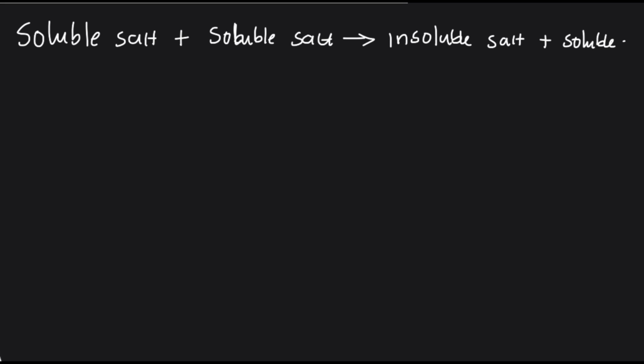Remember, to prepare an insoluble salt by precipitation, you need to use two soluble salts. Among the two products, one should be an insoluble salt, the one that you want, and the other one must be a soluble salt.